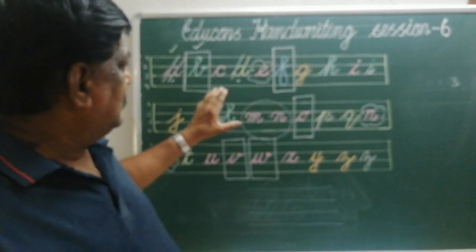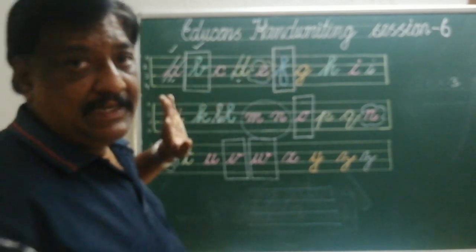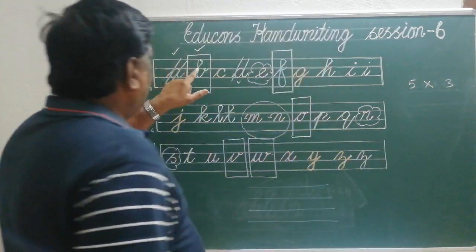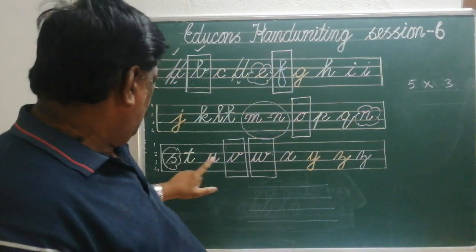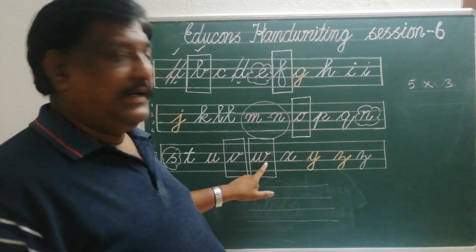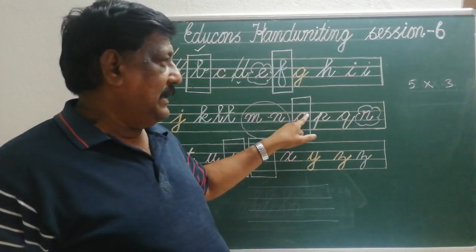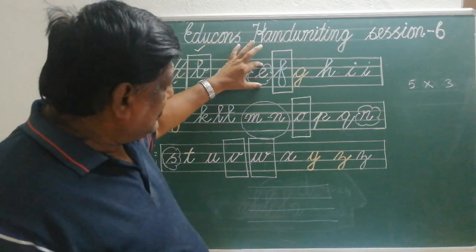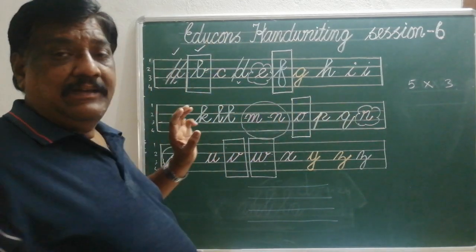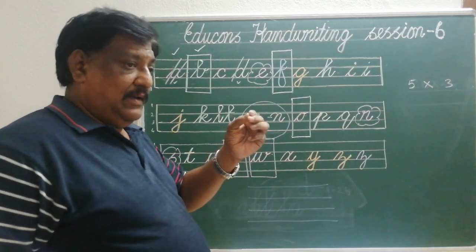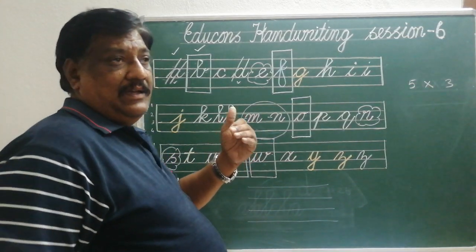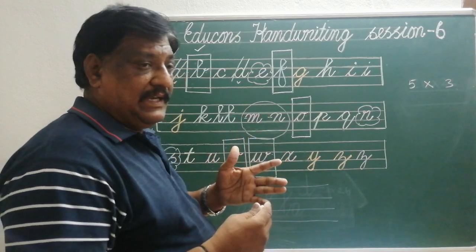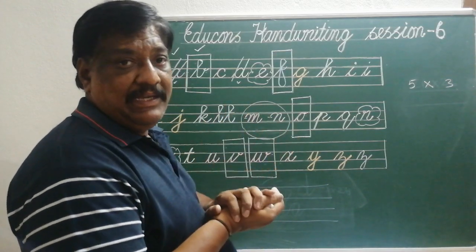These three letters connecting with an upper ending letter. How many upper ending letters? There are 5 letters: B, F, O, V, W. Connecting with these upper ending letters, especially with these 3 letters E, R, S, we have found that some children find it difficult in connection, so it makes a shabby look.